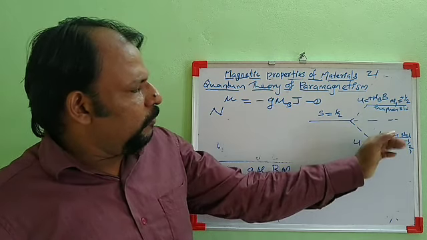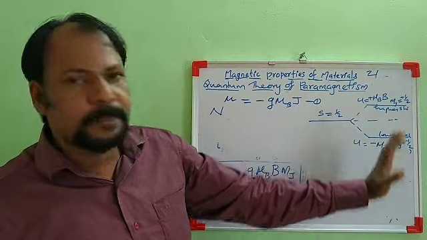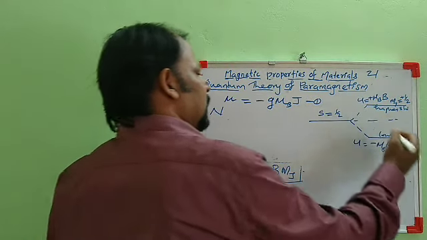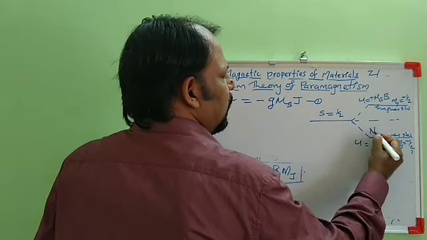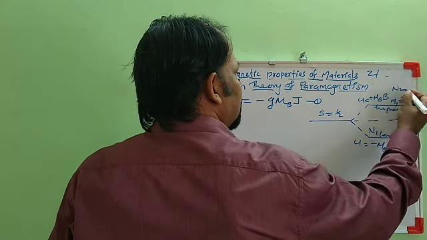So we will be having some number of atoms in higher state and some number of atoms in lower state. I am taking N1 as the number of atoms in lower state, and in higher state I am taking it as N2.